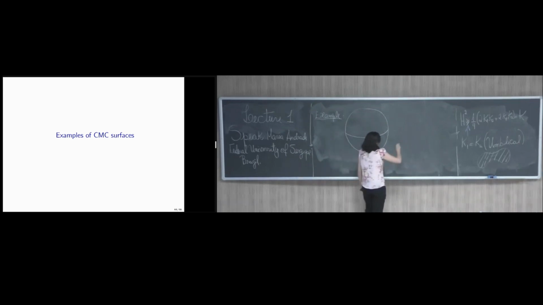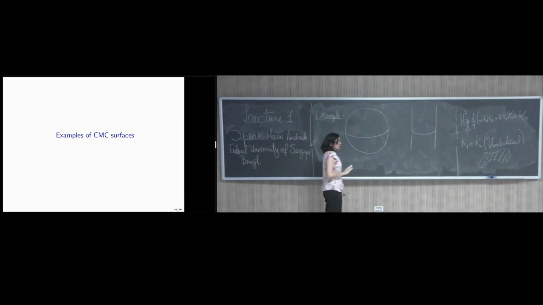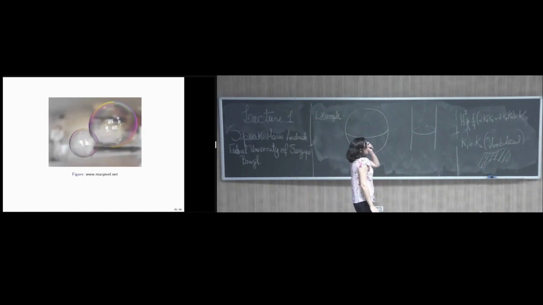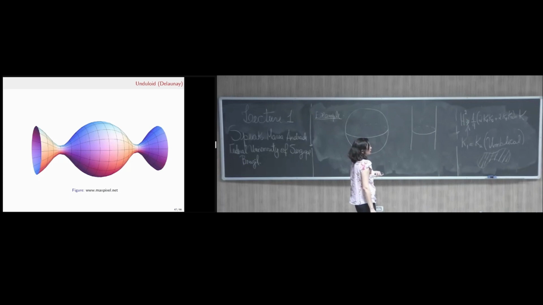And I showed you too the cylinder, which has constant mean curvature. This picture shows exactly the sphere, the other picture is the cylinder, and the other pictures are, as I said before, beautiful surfaces of revolution. And what more?